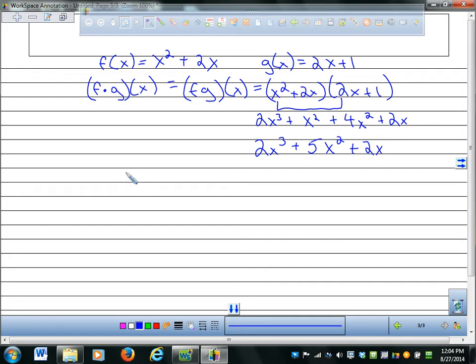But what if I have something like, so I came up with different examples to get you confused. What if I have f of x equals square root of x plus 1, and g of x is equal to x.